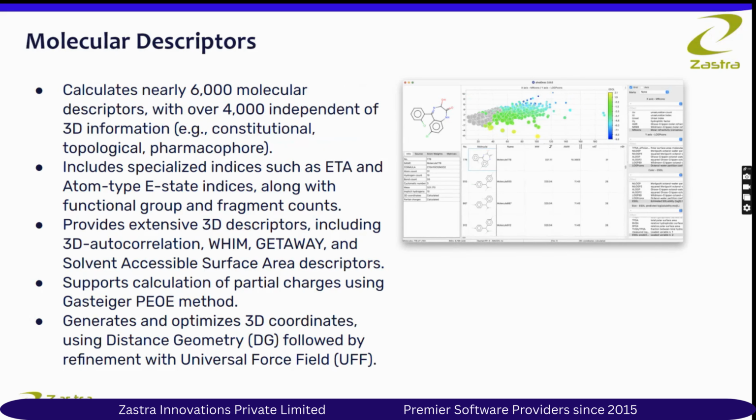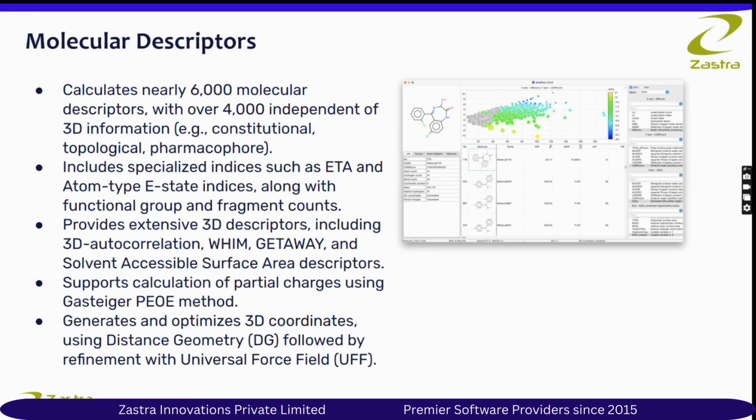Talking about Alva Disk, we have approximately 6,000 molecular descriptors, consisting of 2D and 3D molecular descriptors. It has a very wide range, from descriptors for calculation of molecular properties to 2D, 3D, and constitutional descriptors. An ample amount of descriptors are there.